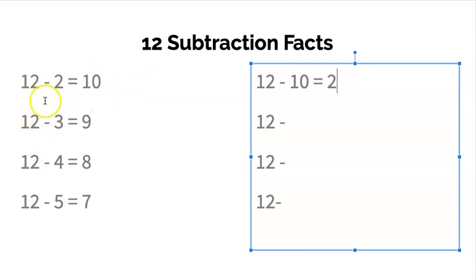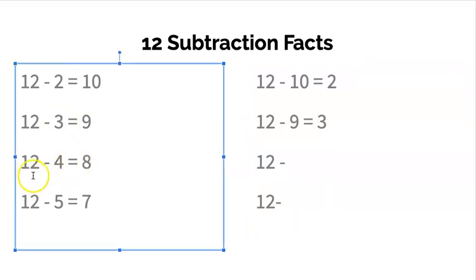All right, so if we have 12 minus 3 is 9, we flip-flop those. 12 minus 9 equals 3. Looking at 12 minus 4, we have 12 minus 4 equals 8.